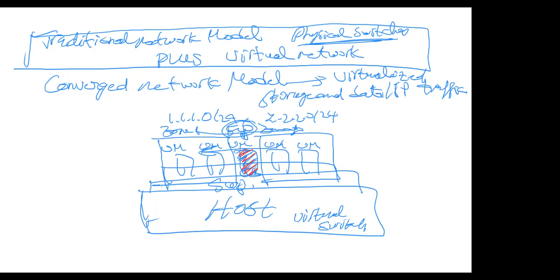If I want to follow the convergent model, we said, okay, that's fine. It will be exactly the same, but instead of a physical one. Because what is the physical hardware of a firewall? By the end of the day, it's a PC. Really, it's a PC.